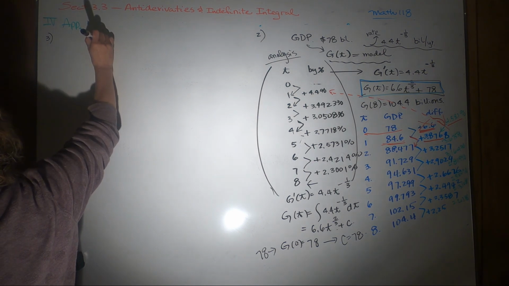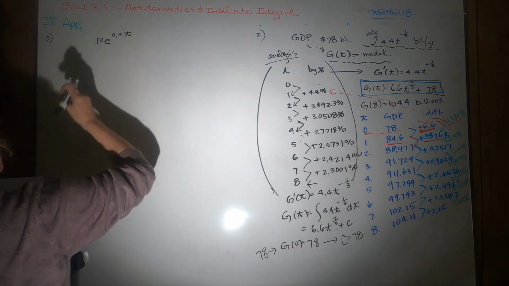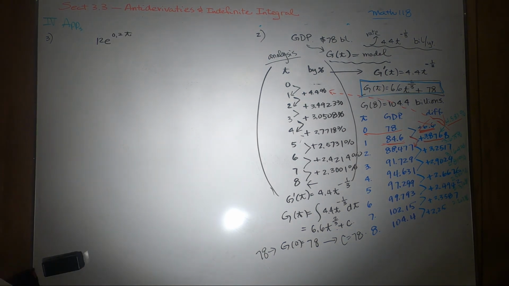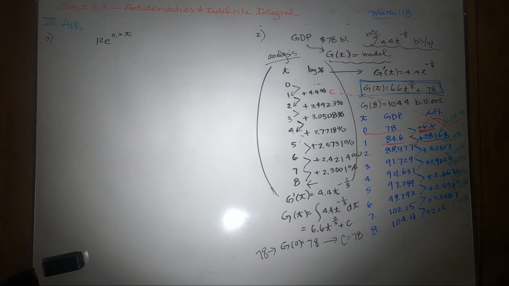The rate is 12e^(0.2t). That's the model they collect. Just like our coronavirus, they find out from day 1 to day 2, how many more cases? Then from day 2 to day 3, how many more cases?